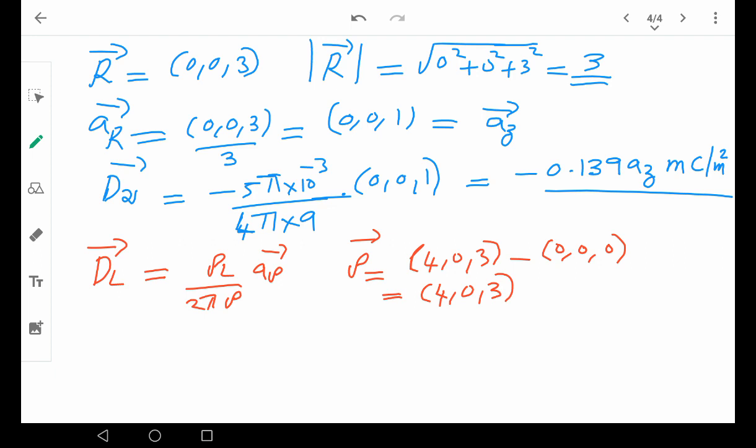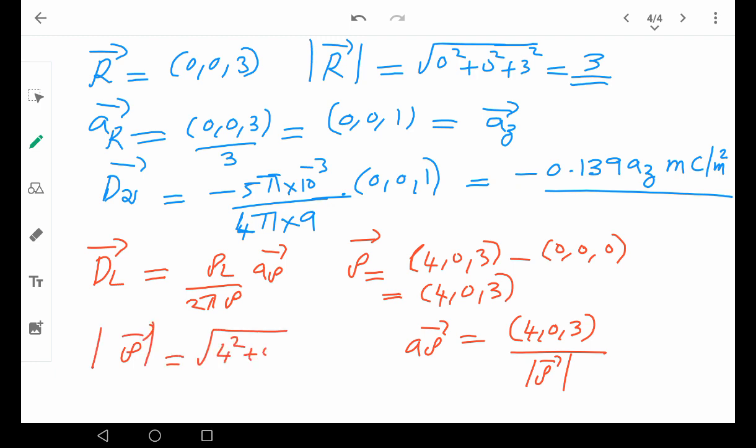Understand? And what is aρ? You can write aρ equal to (4, 0, 3) divided by magnitude of ρ. Magnitude of ρ will be equal to square root of 4 squared plus 0 squared plus 3 squared, 16 plus 9, 25. So you can write this as (4, 0, 3) divided by 5.